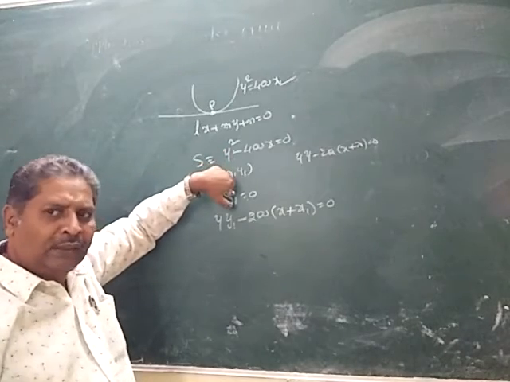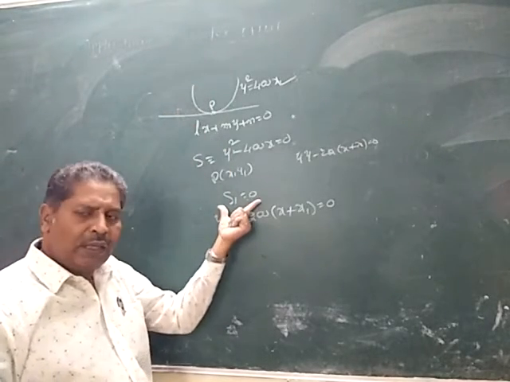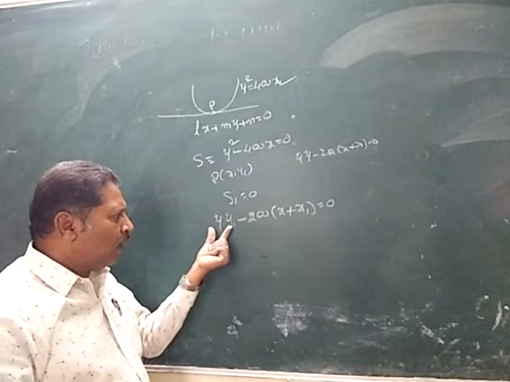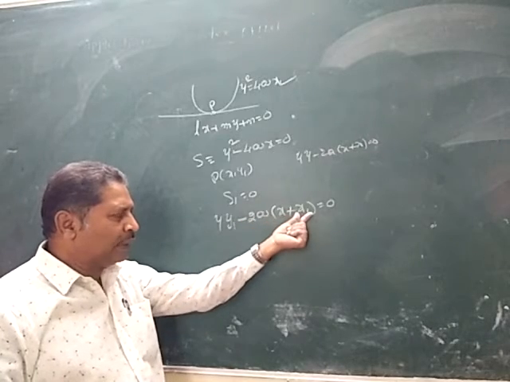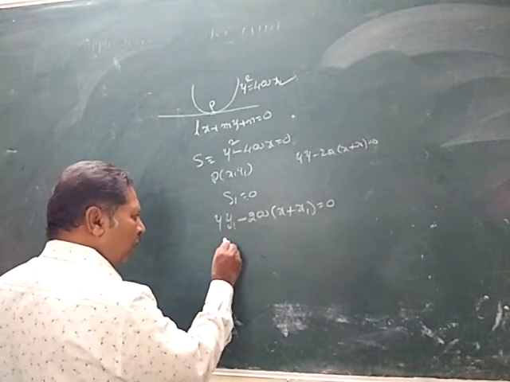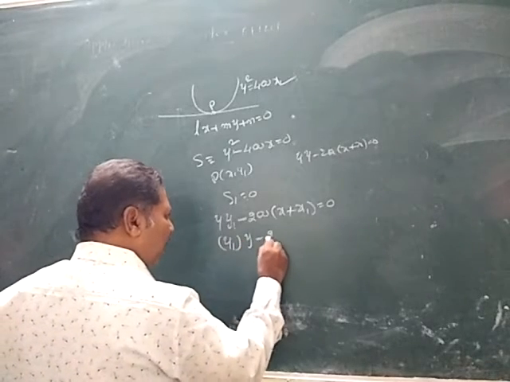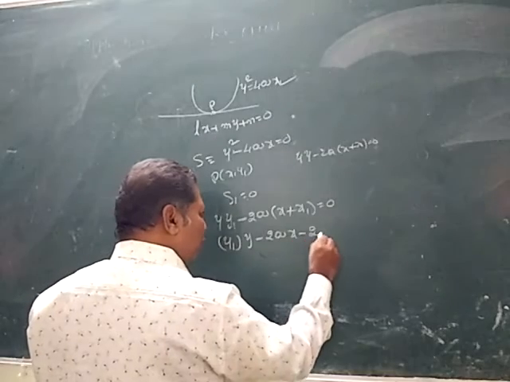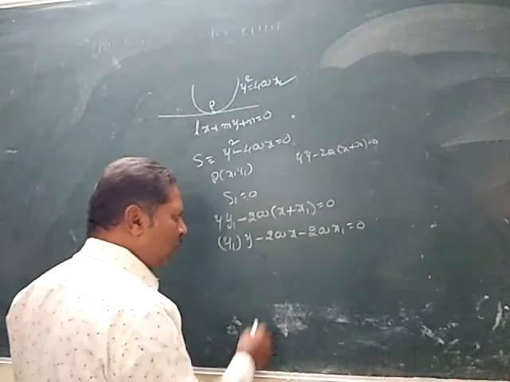The equation of the tangent at P is S1 equal to 0, which is y1 y minus 2a(x plus x1) equal to 0. Write in order: y1 y minus 2a x minus 2a x1 equal to 0.